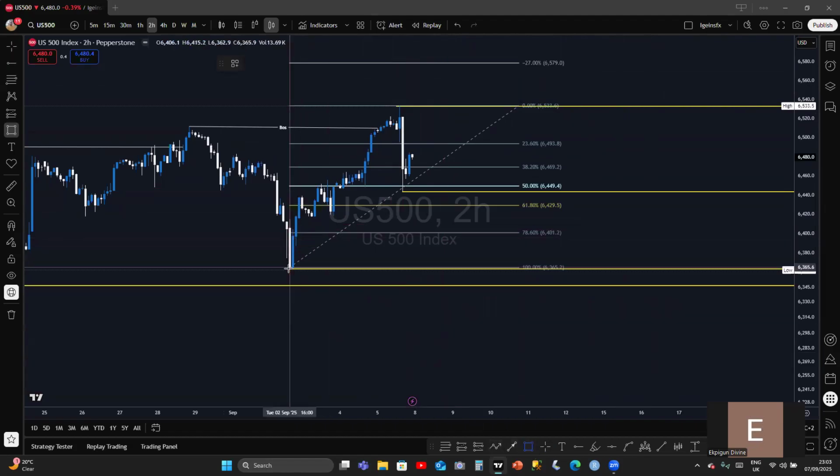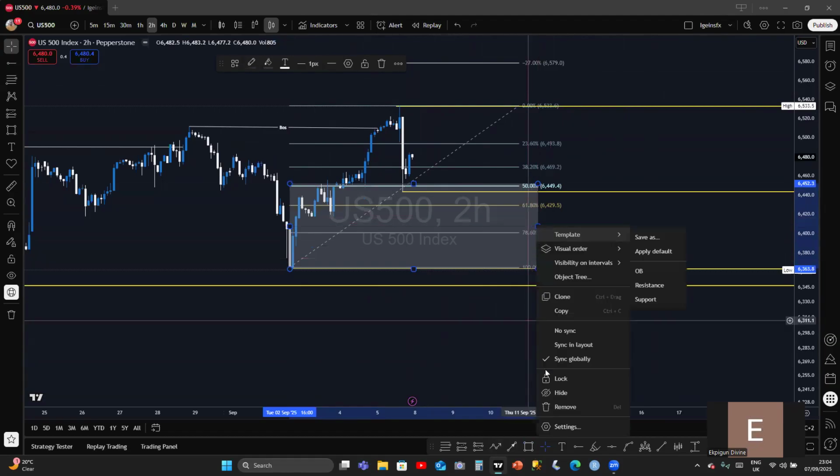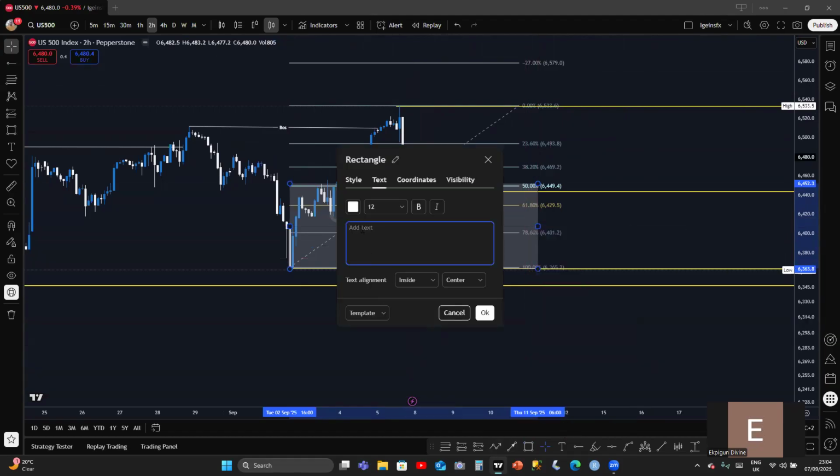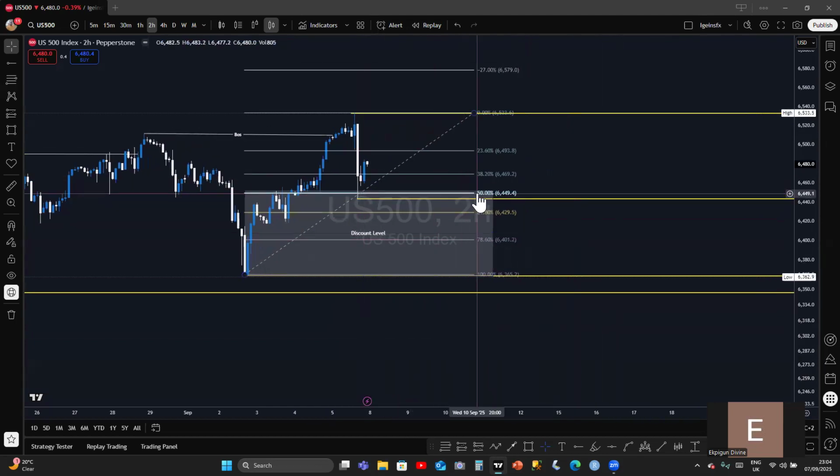From 50% to this 100% down, this is what we call discount level. Then from 100% to this 0.0% is what we call premium level. This is our premium level from here to this point.